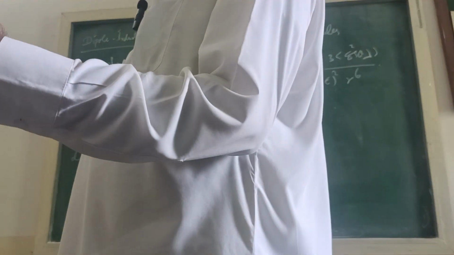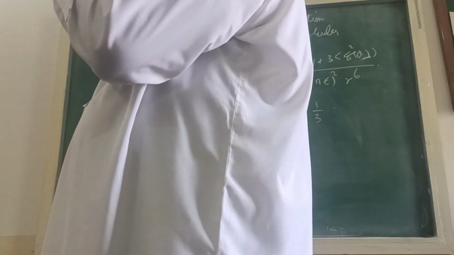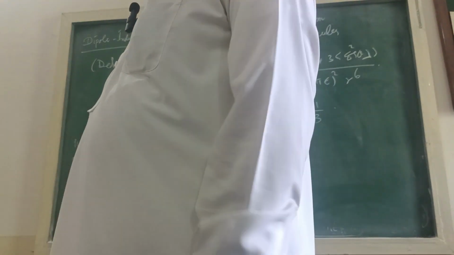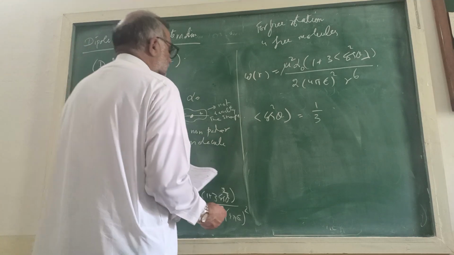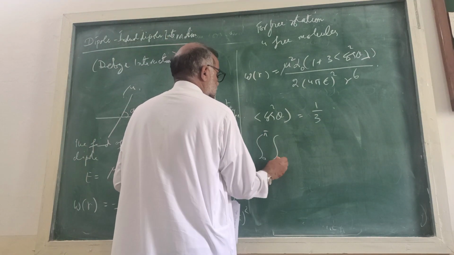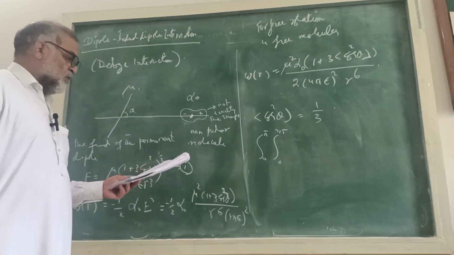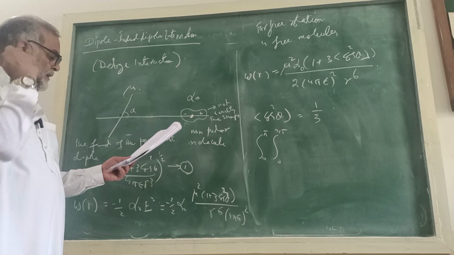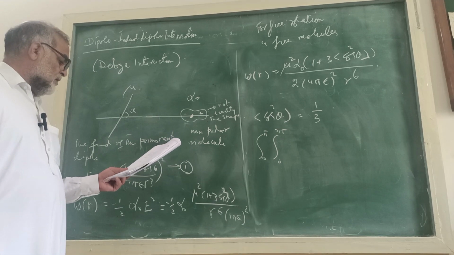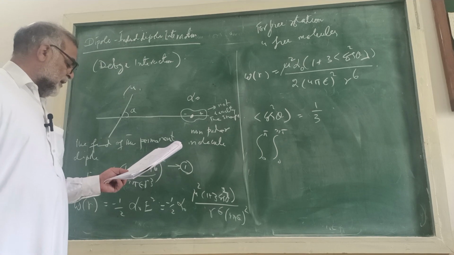So that is how to take the average. Theta goes from 0 to pi and phi goes from 0 to 2 pi.